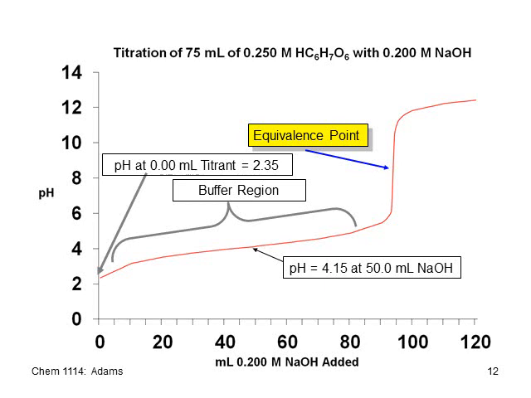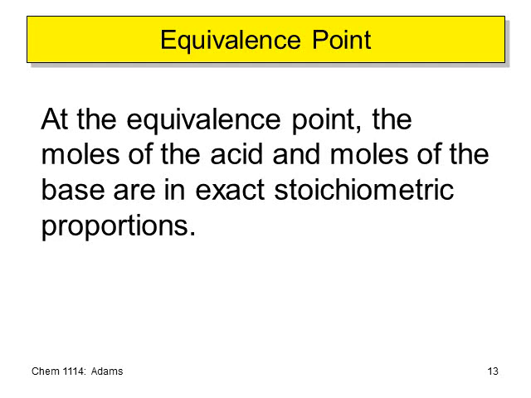In lab, you'll get the chance to titrate a triprotic acid. At the equivalence point, the moles of the acid and the moles of the base are in exact stoichiometric proportions. Here, it is 1:1. In the homework, there is one where it is not 1:1. But again, it will be in exact stoichiometric proportions at the equivalence point.